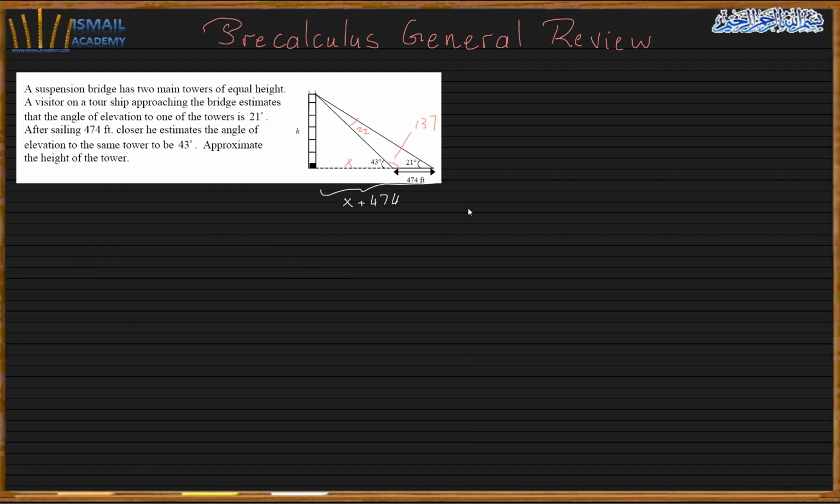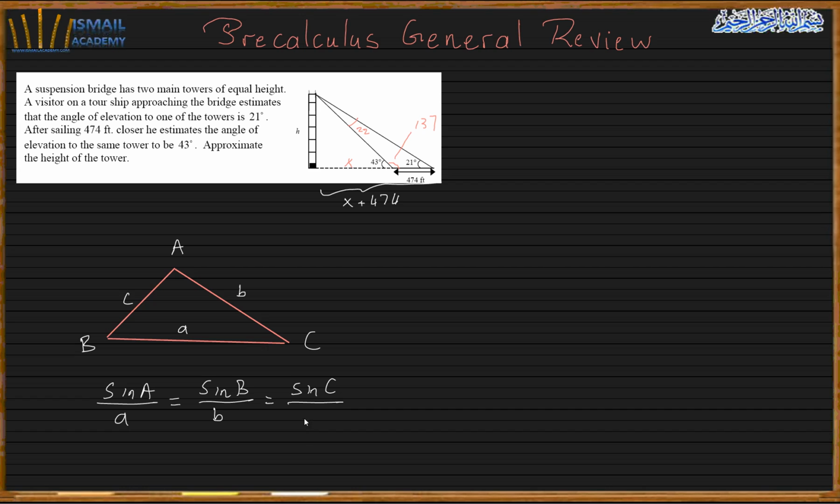So what does the law of sines say? If I have a triangle, whatever triangle it is, and this is angle A, this is side A, this is angle B, this is side B, this is angle C, this is side C. Then the sine of angle A over its opposite side is equal to the sine of angle B over its opposite side, which is equal to the sine of C over its opposite side.